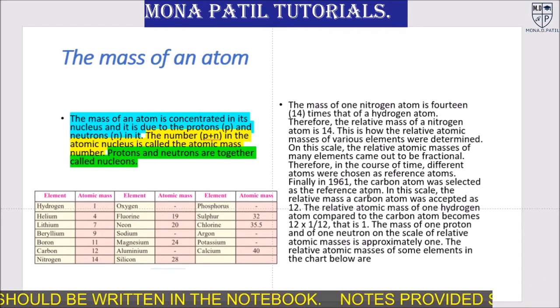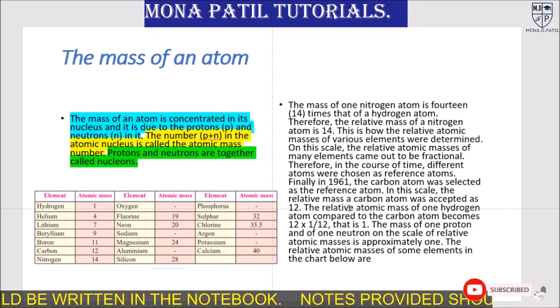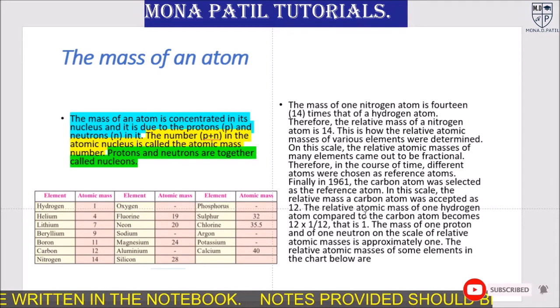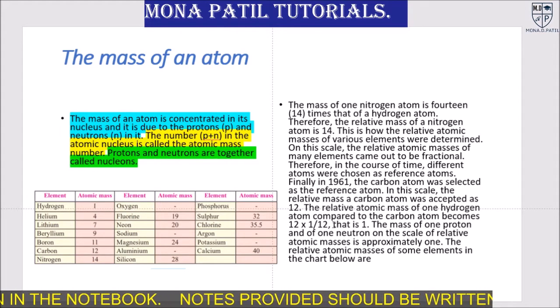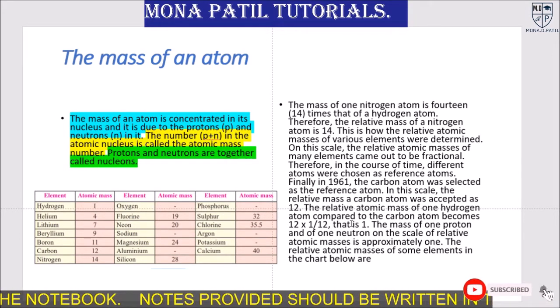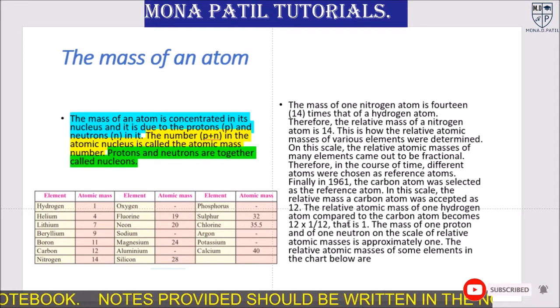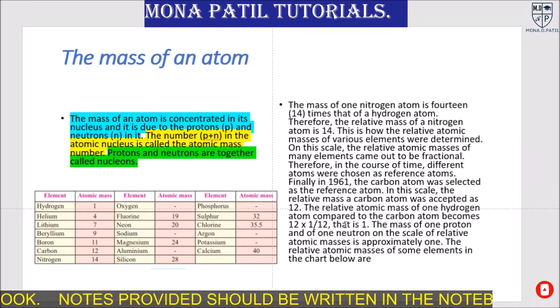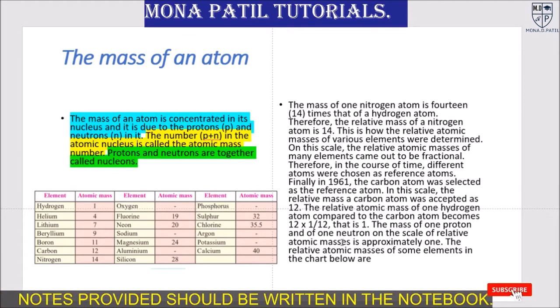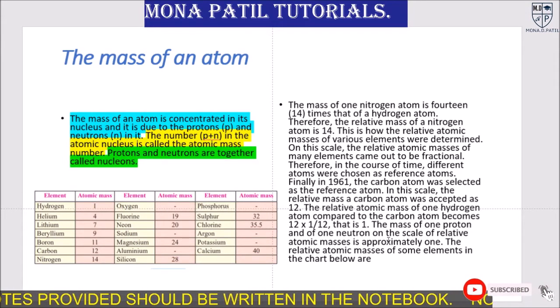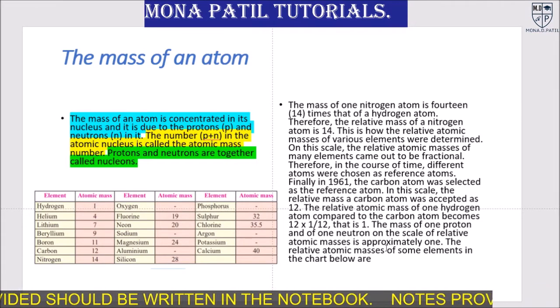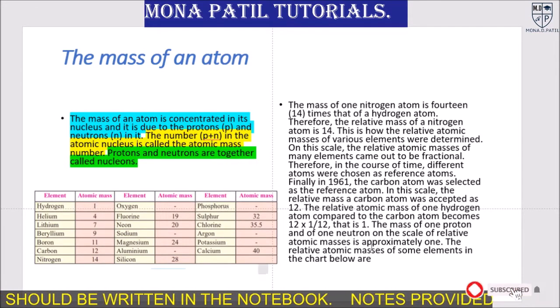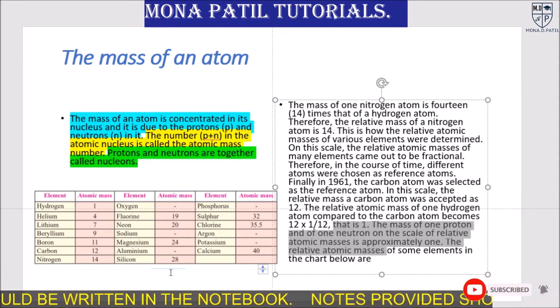The relative atomic mass of a hydrogen atom compared to the carbon atom becomes 1/12 of 12, that is 1 only. The mass of one proton and of one neutron on the scale of relative atomic mass is approximately 1, and the relative atomic masses of some elements are given in the chart below.